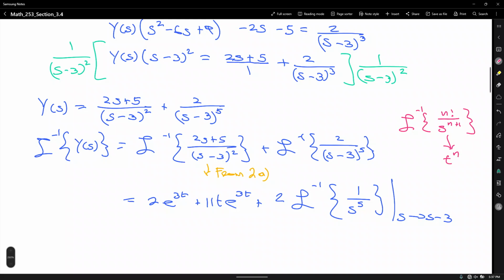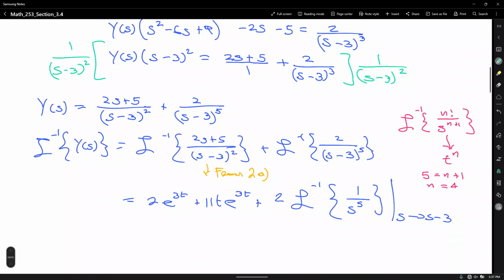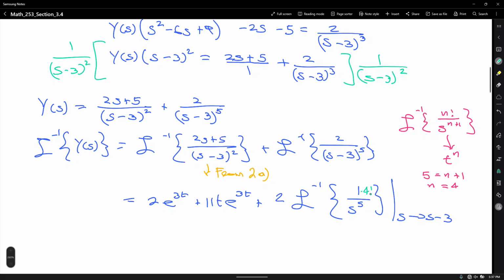Now, be careful. It seems like 5 equals n plus 1 in our example, so n equals 4. That means we wish we had a 4 factorial here.